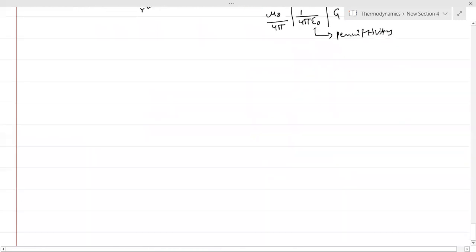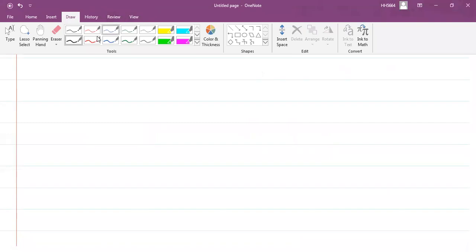So slowly we will discuss the magnetic field induction. It has many names.